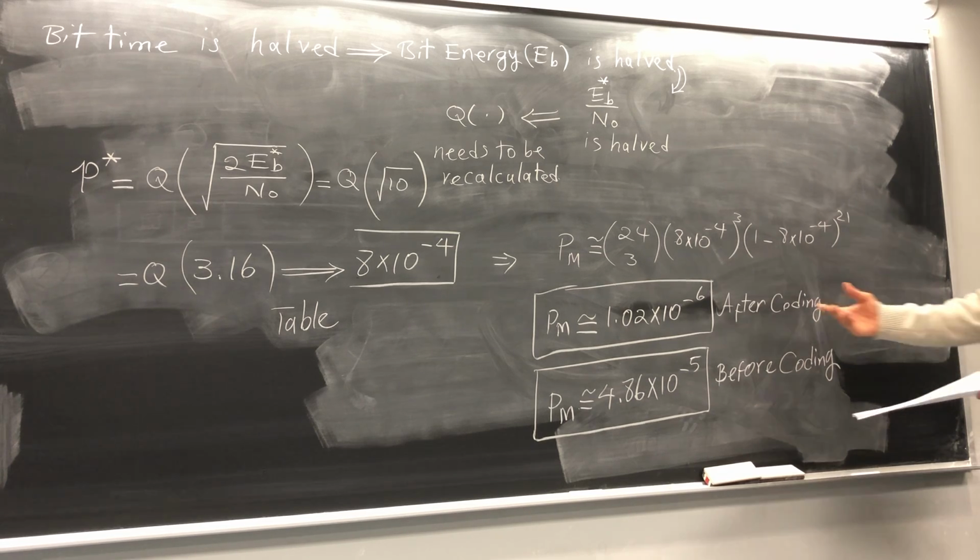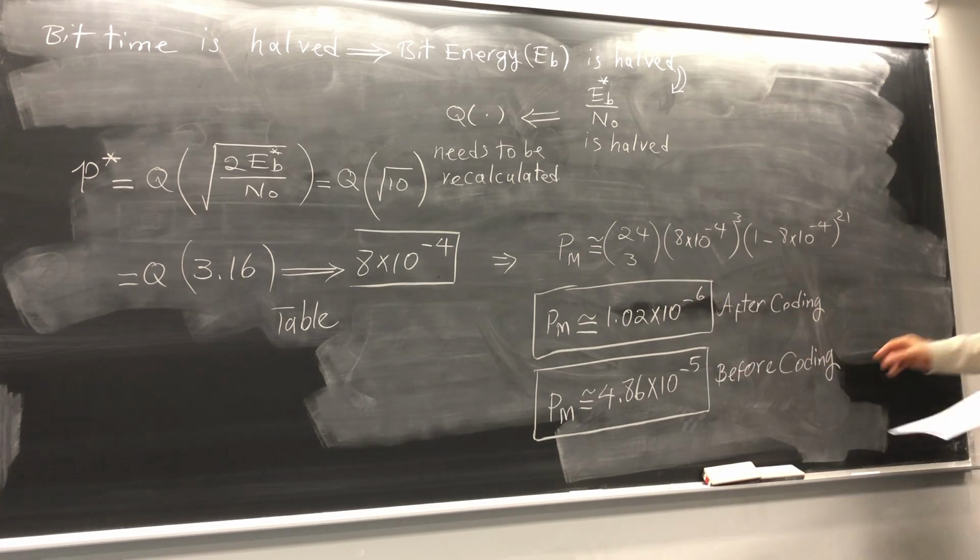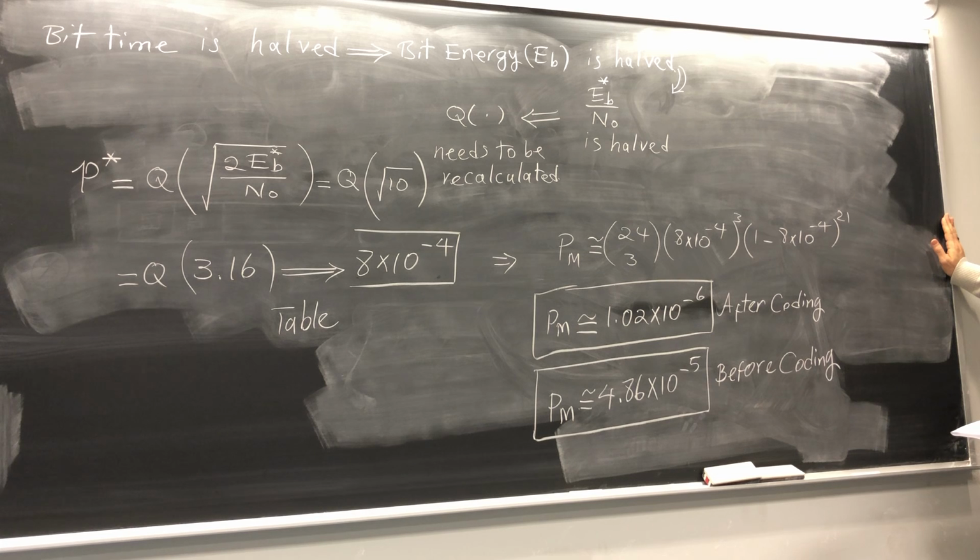So the outcome of coding is bringing down the probability of message error by a factor of how much? 48, no? 48 times less probability of errors.